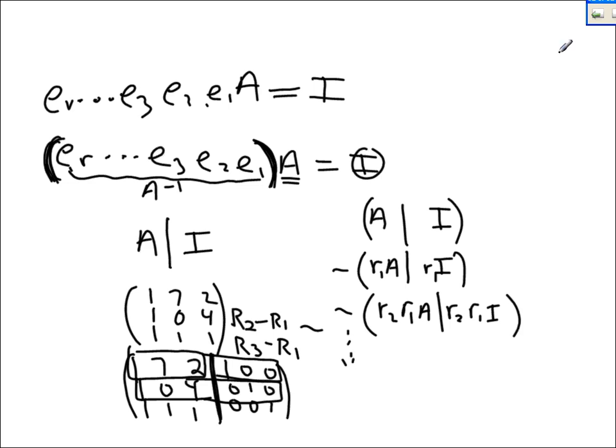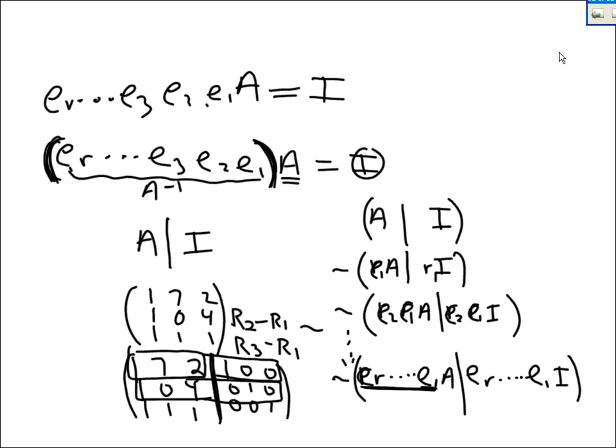And if you keep doing this, well, why am I using R? Let's use E for elementary. So you have E_R all the way down to E_1 times A, and this is augmented with E_R all the way down to E_1 times I. Well, I said you wanted to know what this is.